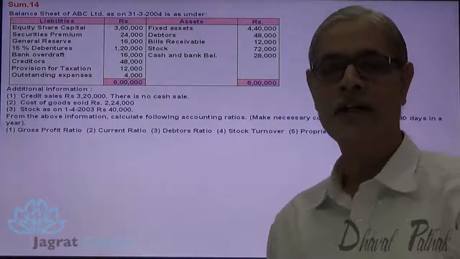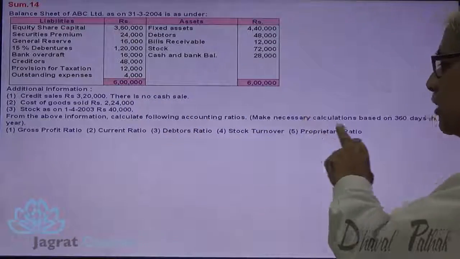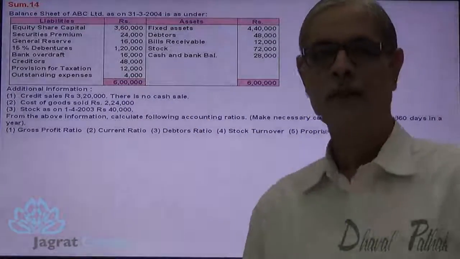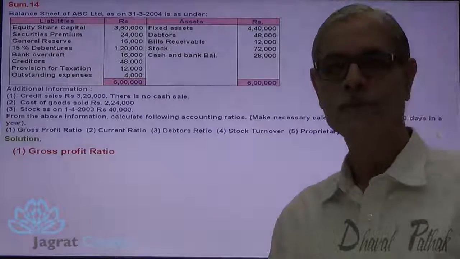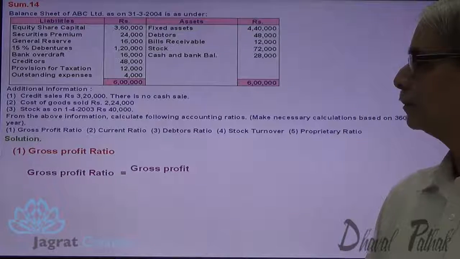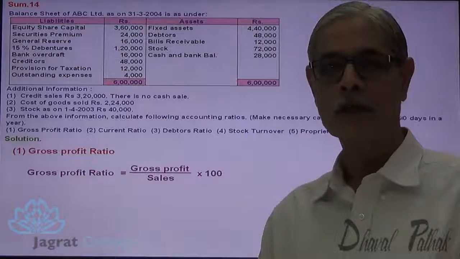Now, how many ratios are we required to work out? Gross profit ratio, current ratio, debtors ratio, stock turnover, proprietary ratio. Let us start one by one. First, gross profit ratio. What's the formula? Gross profit upon sales into 100. You are not given the details of gross profit.